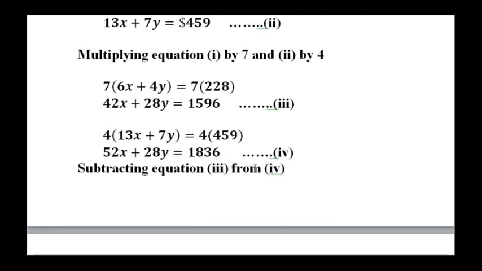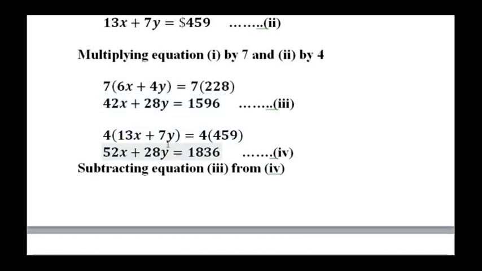As you can see, we have the same coefficients for the variable y in both equations, equation 3 and equation 4. The coefficient of the variable y is 28 in these two equations. So I'm subtracting equation 3 from equation 4 to eliminate the variable y.